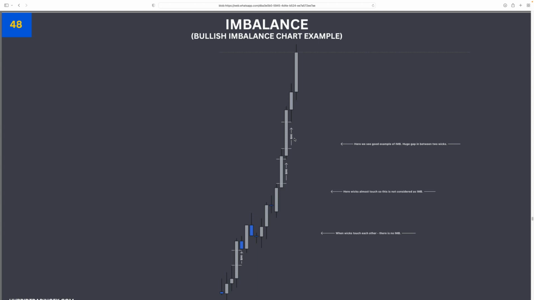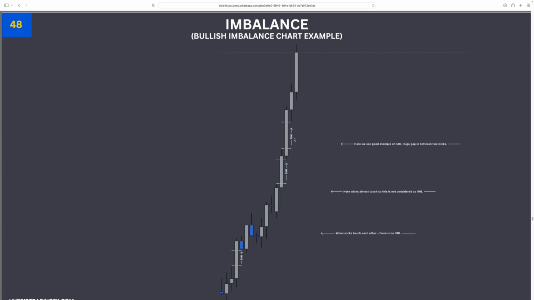So you can use it for extra confidence when you're executing trades in terms of direction. Price is most likely going to tend to fill that gap, that imbalance. So if I execute my trade in that direction, I'm going to have more confirmation and more confidence in terms of direction.